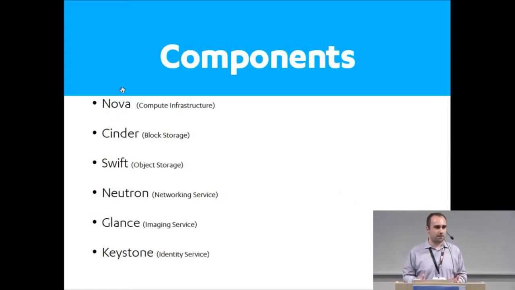Neutron is super important and super agile in the way that you can plug in multiple existing things like Open vSwitch, for instance, or you can connect directly to some Cisco routers. There's a bunch of plugins that you can play around with. And Glance is the imaging service.